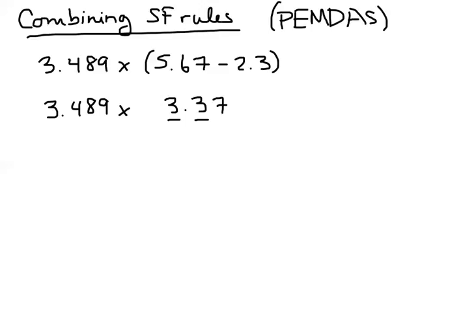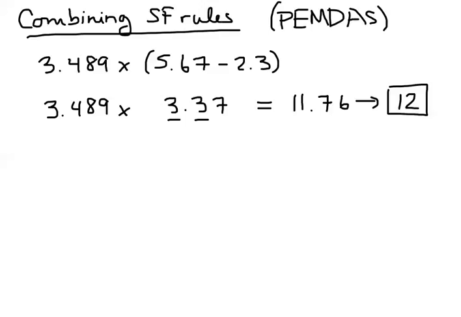Now, in 3.489, how many significant figures do we have? 4. And in our other number, how many do we have? 2, because I marked those. Our answer has to have 2. Our answer would be 11.76, but we round it up to 12 because we can only have 2 significant figures.